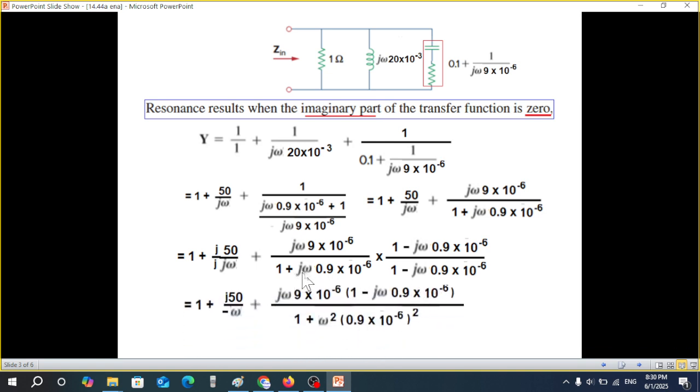Now look here, when we multiply, a plus b and a minus b, the formula is a square minus b square. So 1 square and minus b square. Now j square will be minus 1, and we have minus between these two, so it will be plus omega square, and then this term into a square.